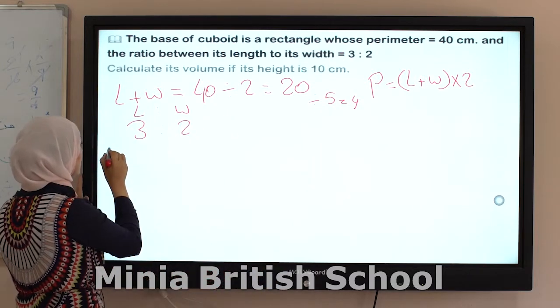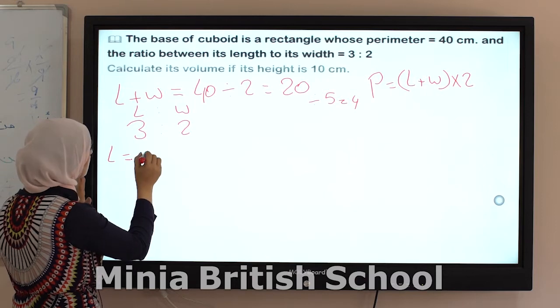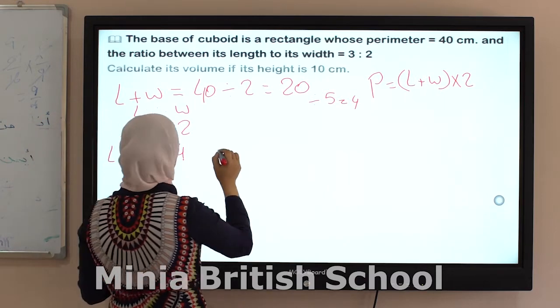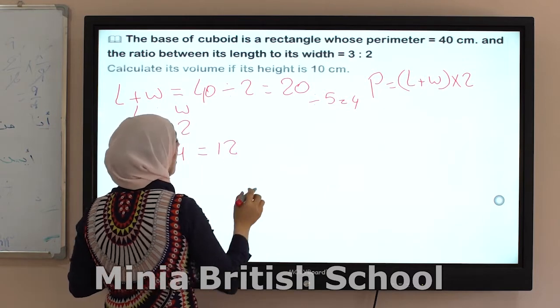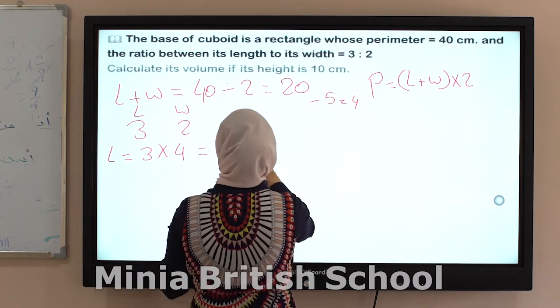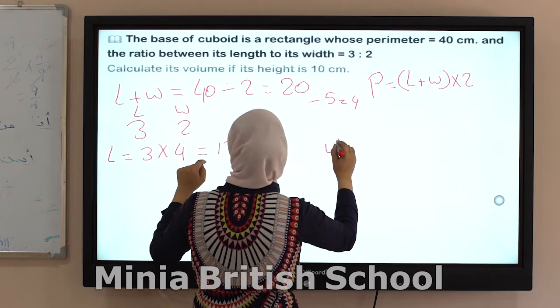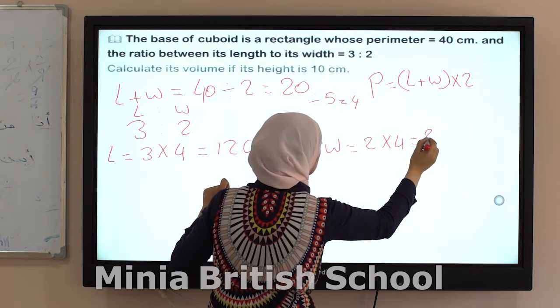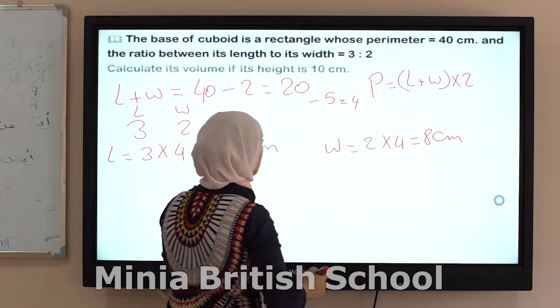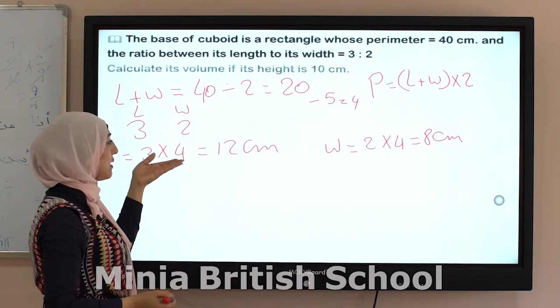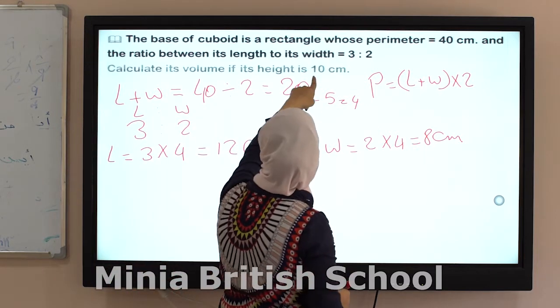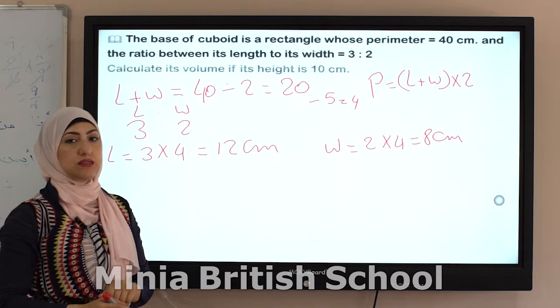So here the length equals 3 times 4, which equals 12 centimeter, and the width equals 2 times 4 equals 8 centimeter. Okay, so here I get the length 12 centimeter and width 8 centimeter, and I have the height 10 centimeter.